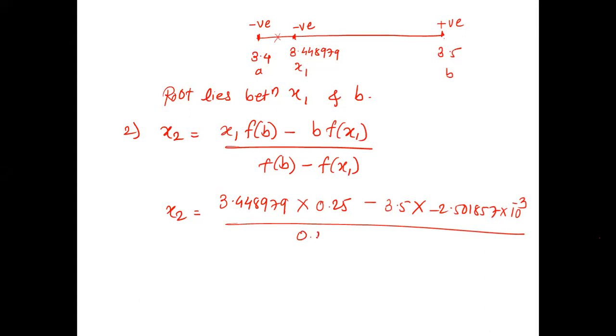F of b is 0.25 minus the same again, minus 2.501857 into 10 raised to minus 3. Do this and tell me the value of x2.